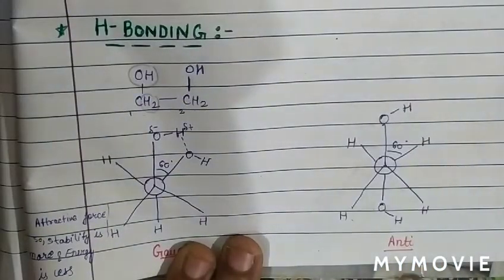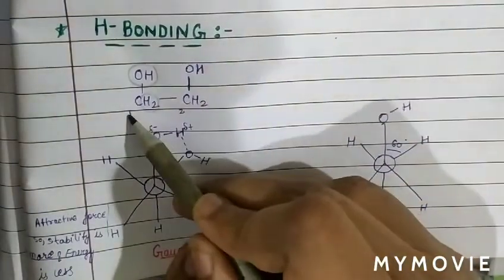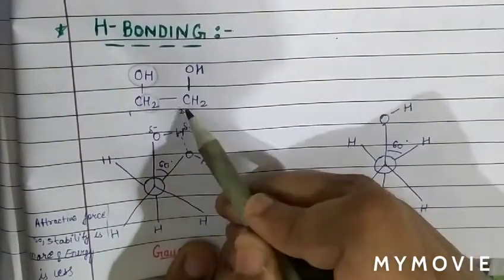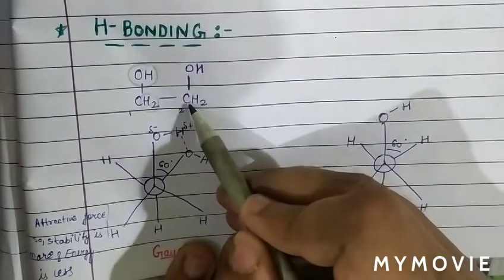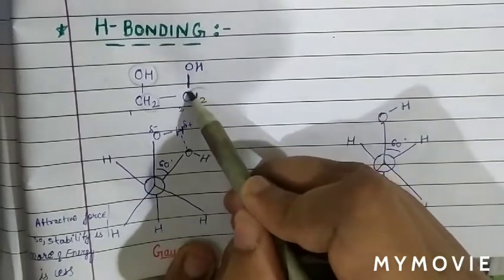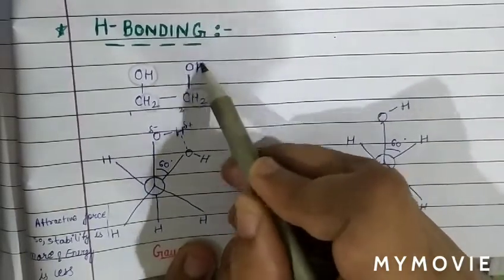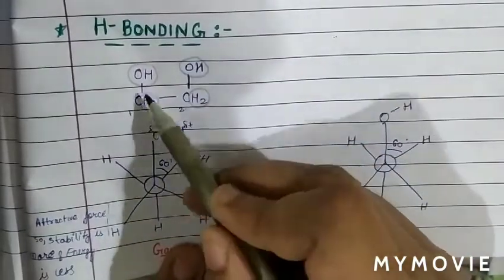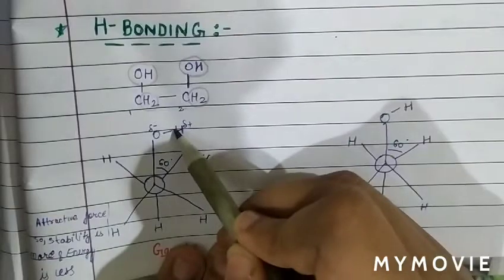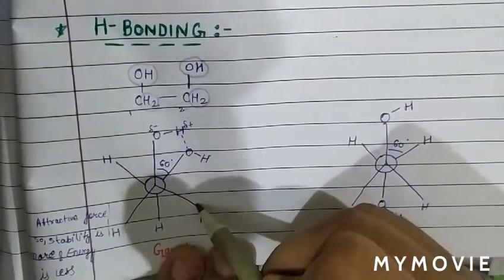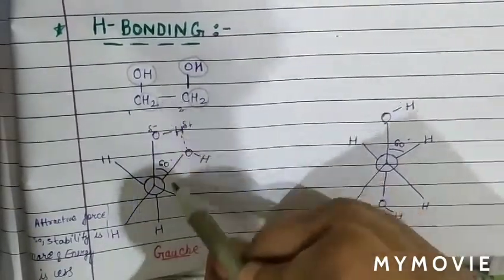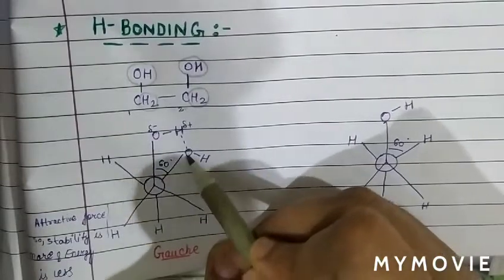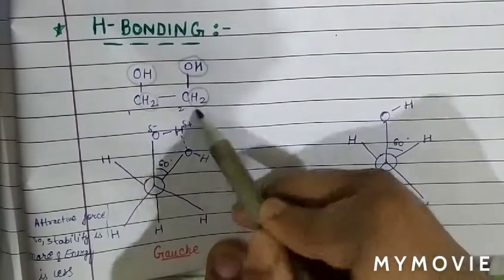The numbering is 1, 2, where 1 is the front carbon and 2 is the rear carbon. The rear carbon is also connected with 2 hydrogens and one OH group.